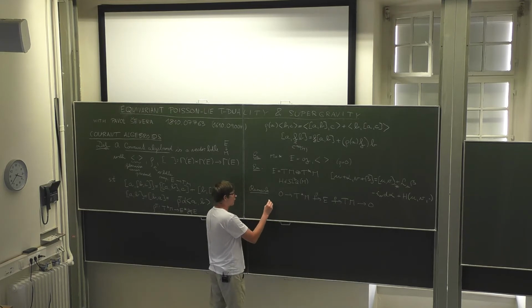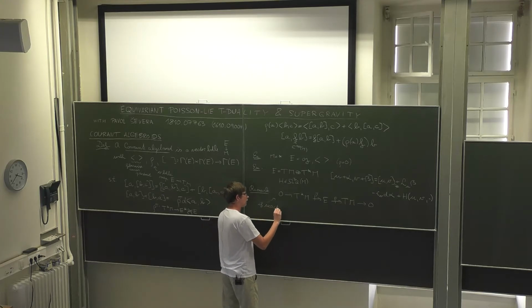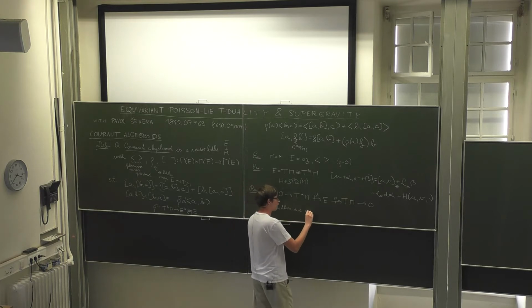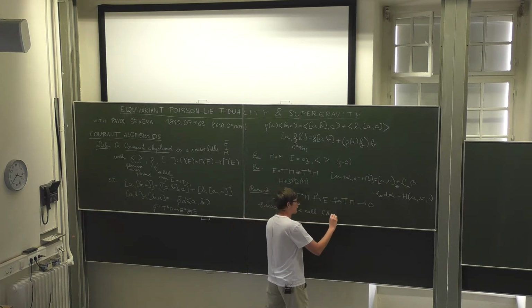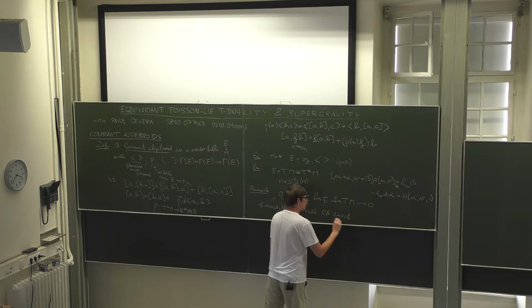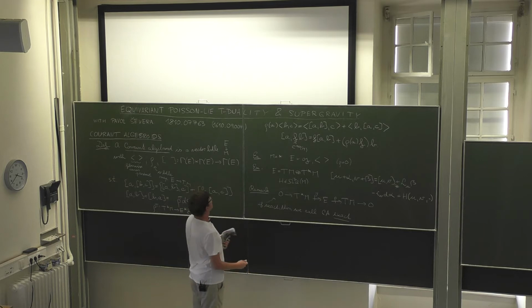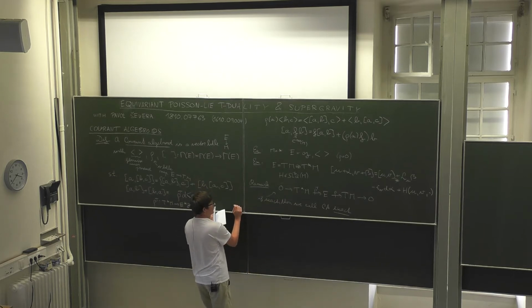So if this is exact, then we call the Courant algebroid exact. And to finish this part, I need another board.